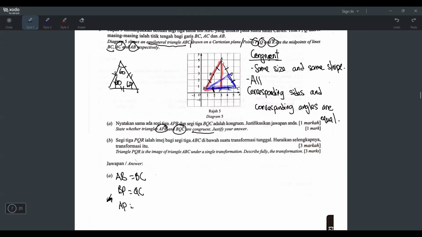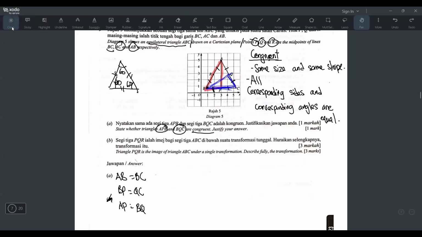So AP is drawn from A to the midpoint, and this one B also to the midpoint. So the AP and BQ lengths will also be the same, right? And since all these three sides are the same, then you can say they are congruent already. You don't have to check for the angles. Of course, if you want to check all corresponding sides and all corresponding angles, you can also.